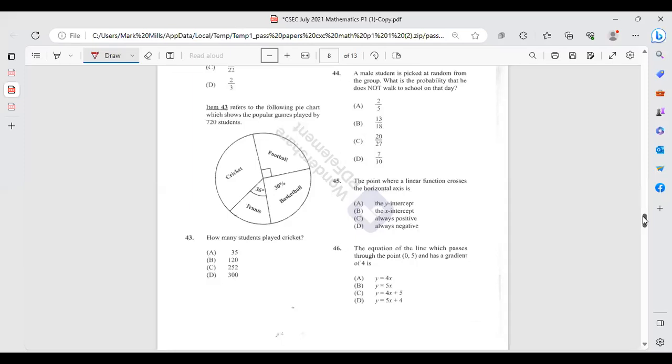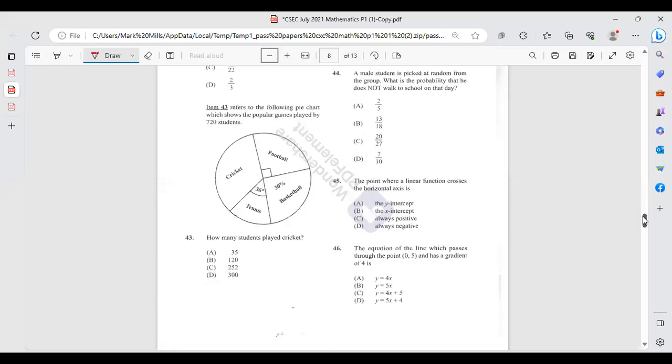How would I approach this question? What will I do? So they ask the question, how many students play cricket?